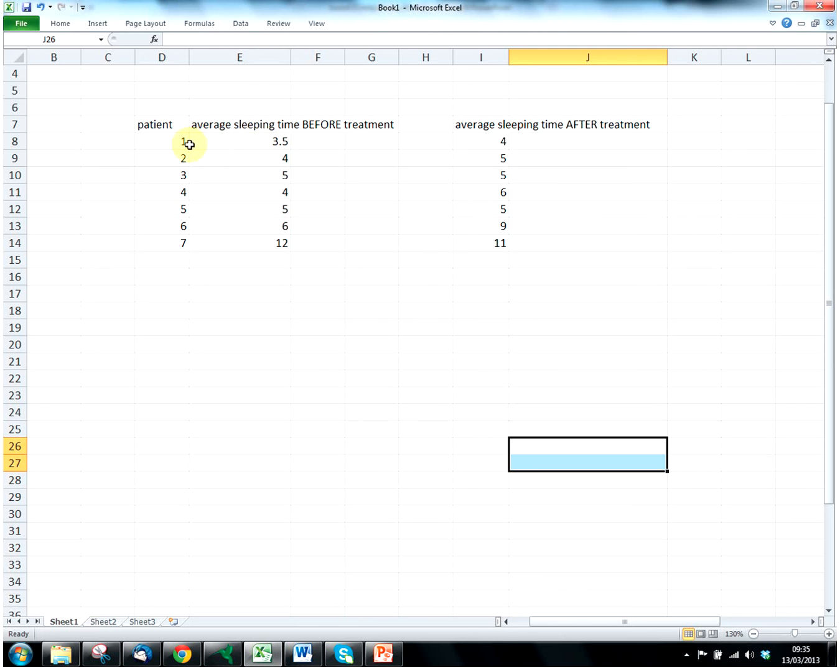So patient 1 slept 3.5 hours on average per night, patient 2 4 hours, and so on and so forth.